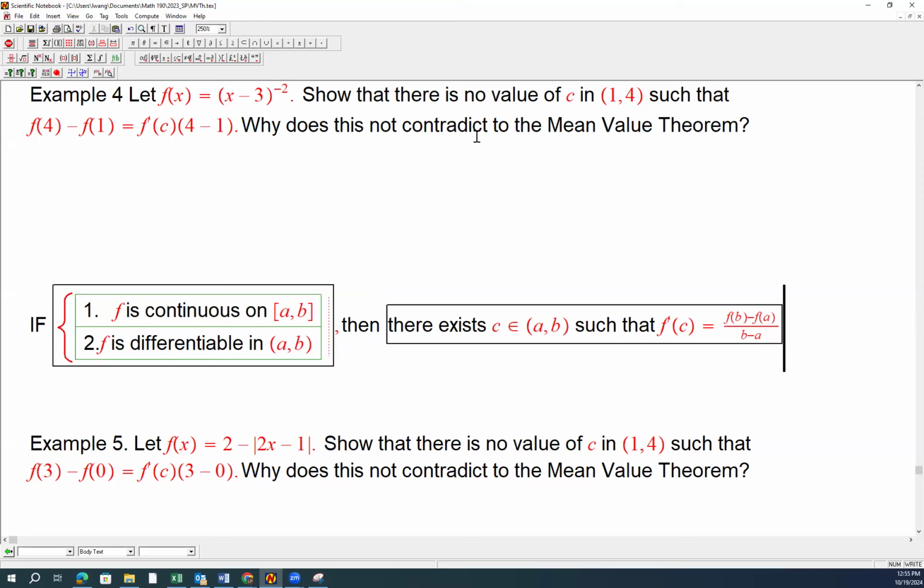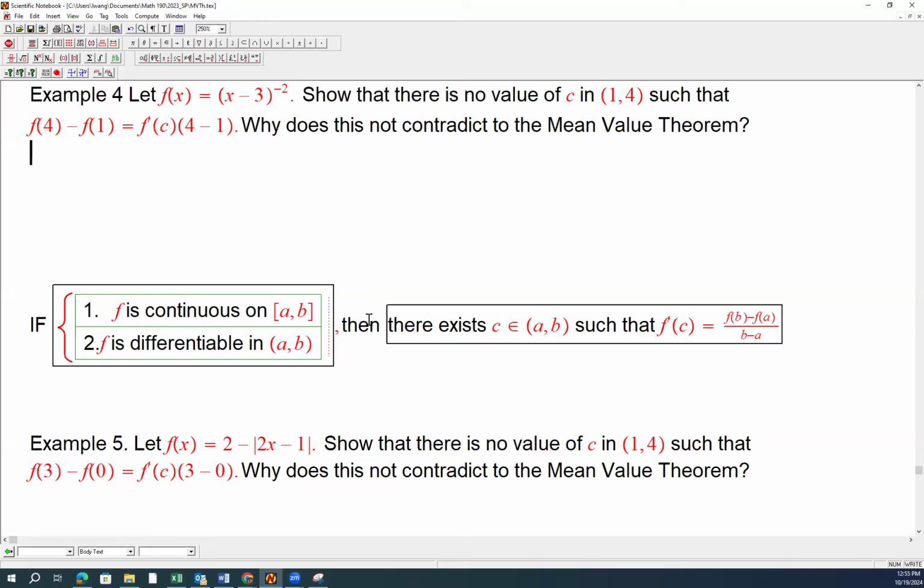Why does this not contradict the mean value theorem? Obviously, if the conclusion is not satisfied, one of the conditions must not be satisfied, right? Because we have learned if A then B, then if not B, then not A. We have 2 conditions in A, so one of the conditions must not be satisfied.